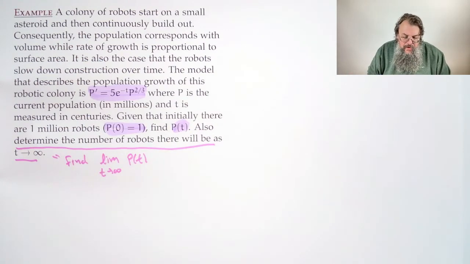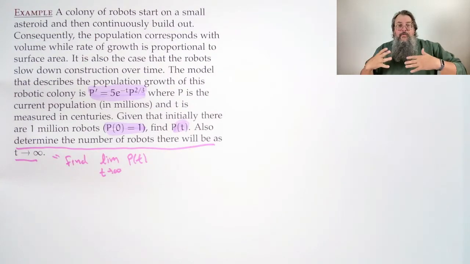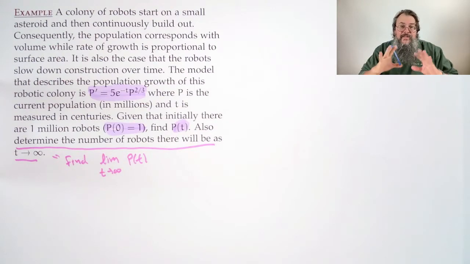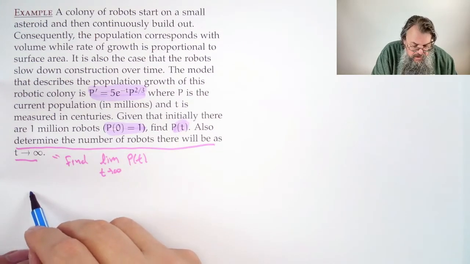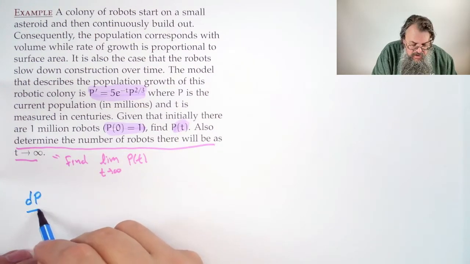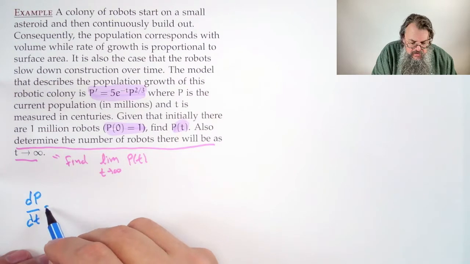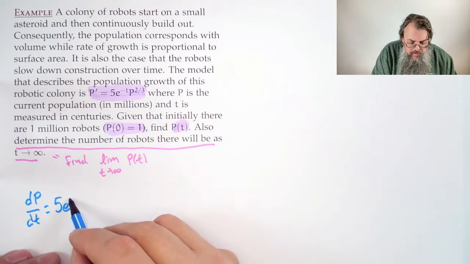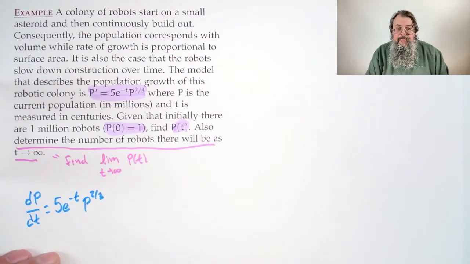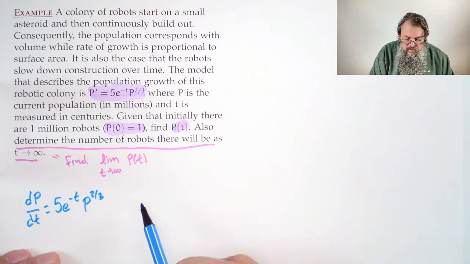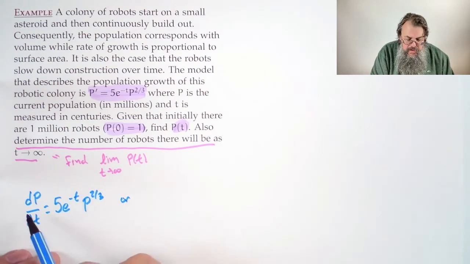Okay, so here, again, this is a case where it's not a logistic model, it's not an exponential model, but that's okay. We solve it like we would any other differential equation. So we say, all right, P prime, which is dP/dt, is equal to 5 e to the minus t, P to the 2/3 power. We rewrite this, and we do it by separation.